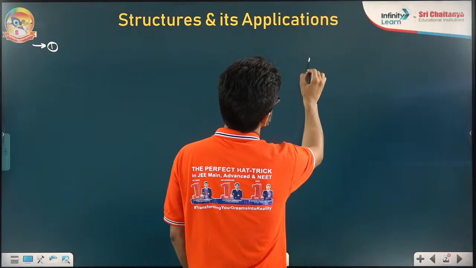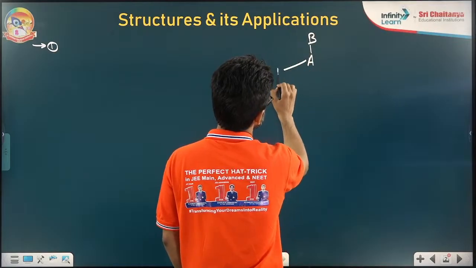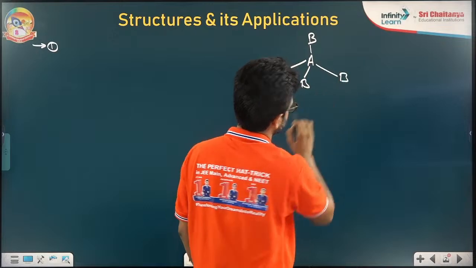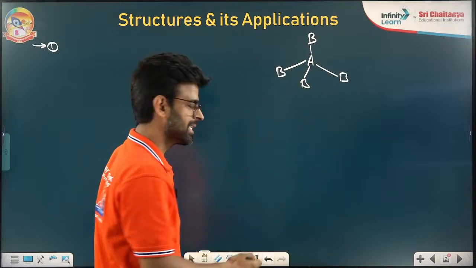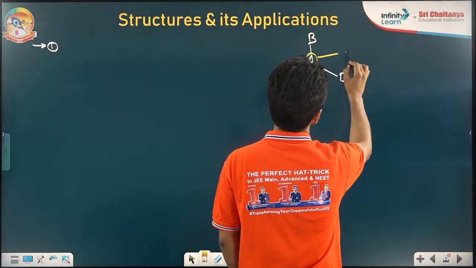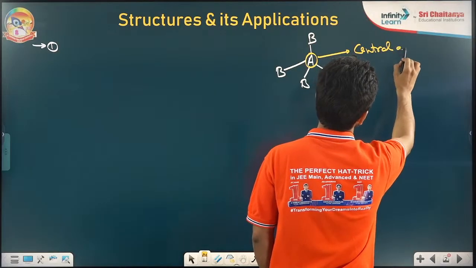So let me be clear about it. Imagine I'm writing a structure here. It's A here, and here B. Imagine here something B, and it is also B, maybe something else. Whenever I say center atom or central atom, I am talking about A. A is present in the center, so I am calling it the central atom.